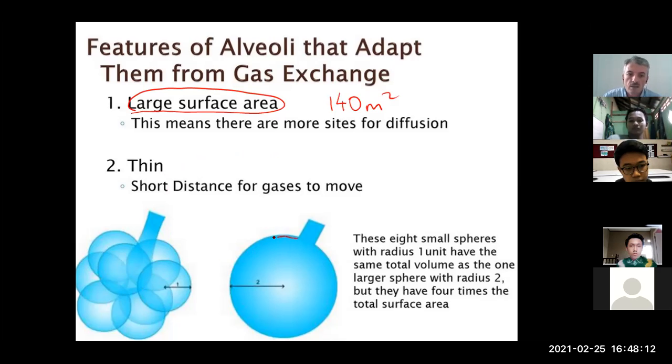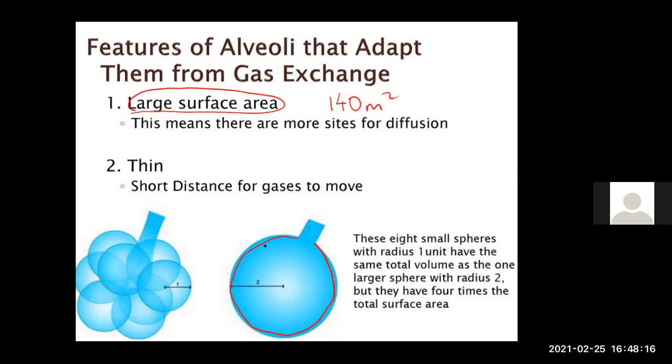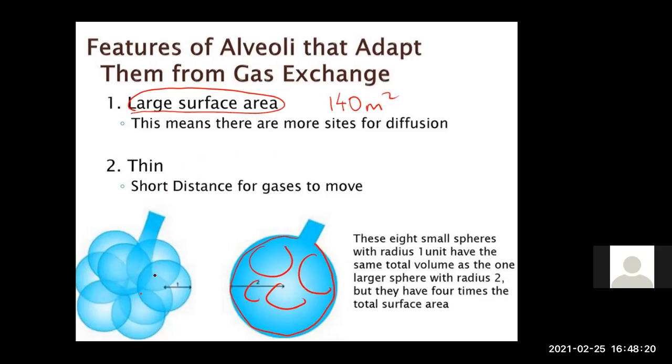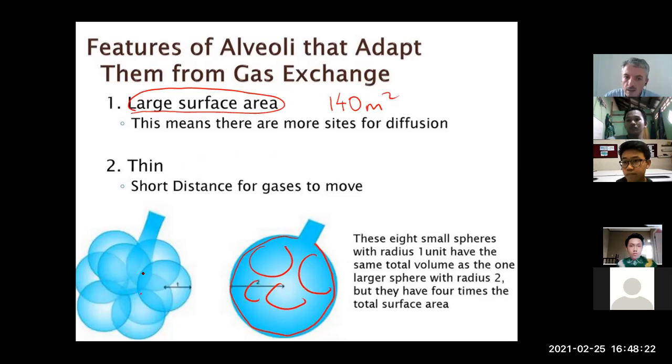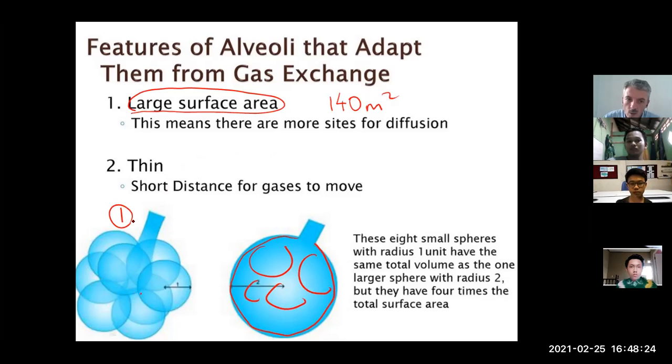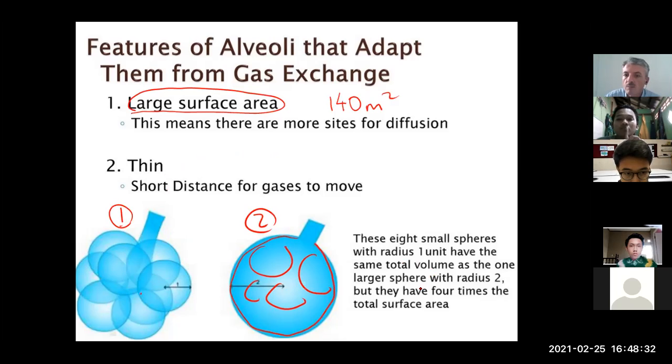Because of this, instead of having one alveolus like a balloon, we have many smaller ones like this. The volume is the same, but the surface area is about 4 times bigger.